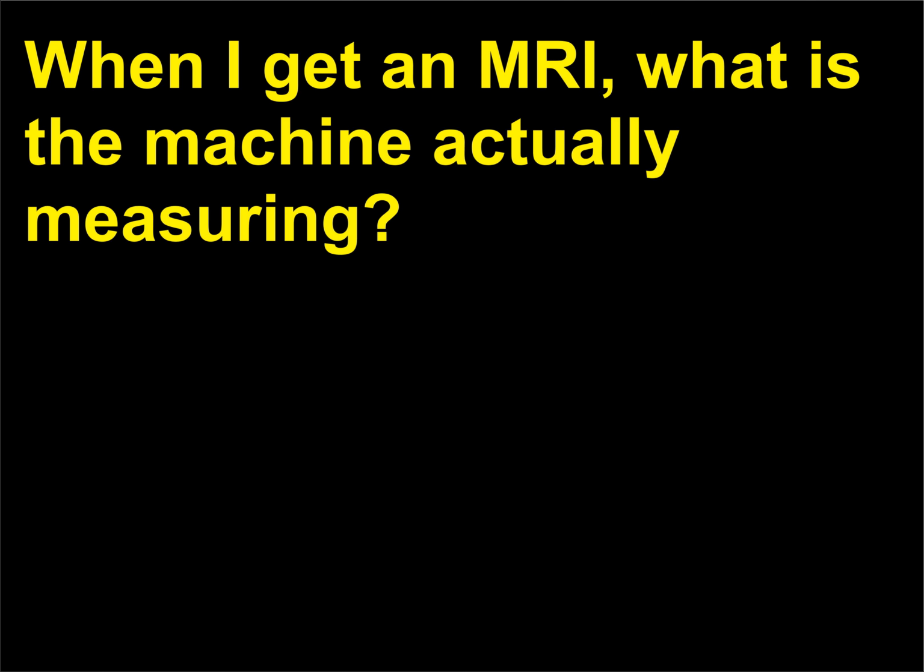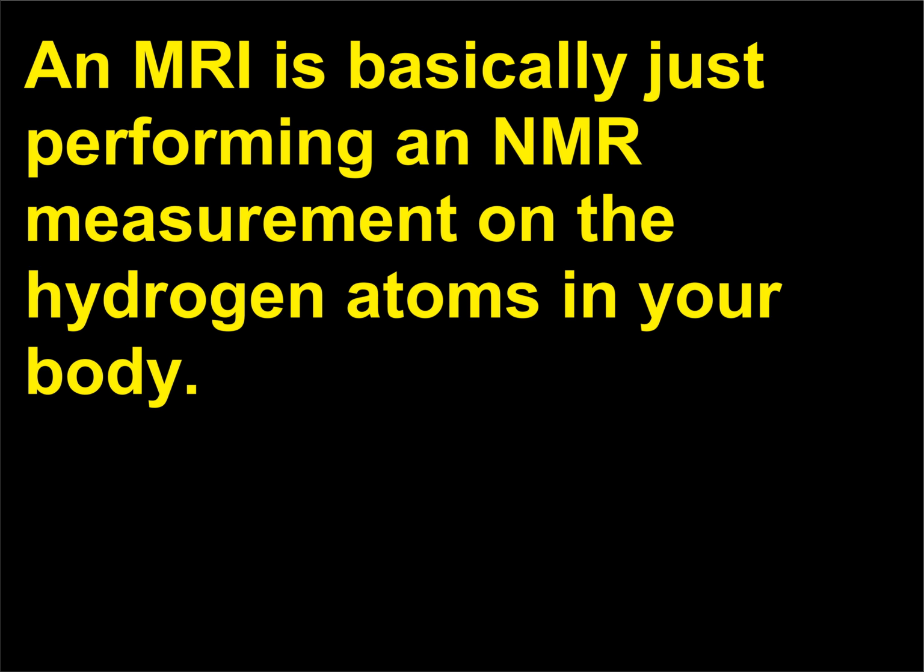When I get an MRI, what is the machine actually measuring? An MRI is basically just performing an NMR measurement on the hydrogen atoms in your body.